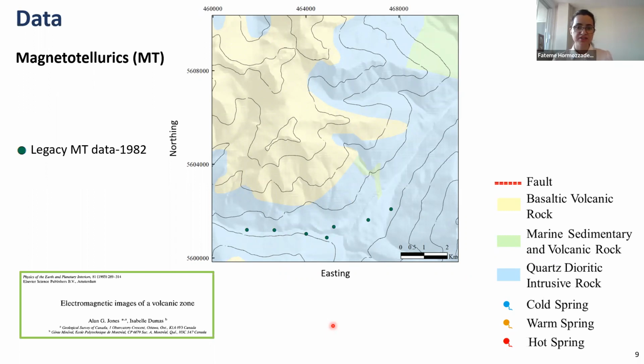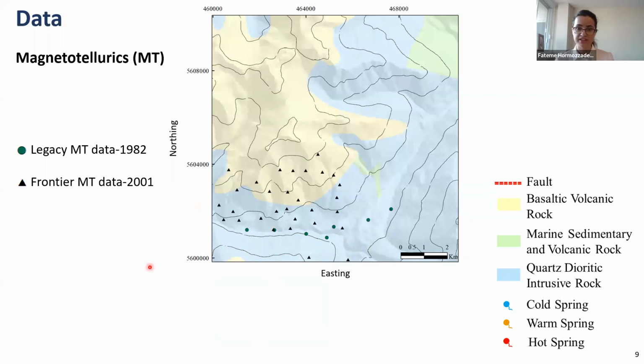The first is a magnetotelluric survey conducted in 1982 with 7 stations along the Meager Creek. And the next set of data is from Frontier Geoscience, which collected 30 magnetotelluric stations in 2001.